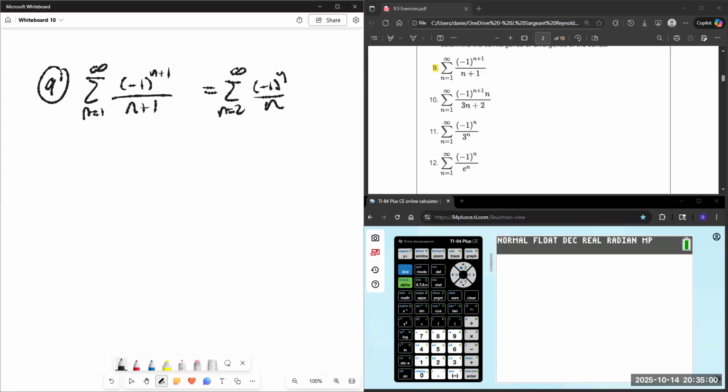That'd be a little easier to see what's going on here because you know 1 over n diverges, the divergent p series. Let's deal with this the way that it is though. 1 over n plus 1 is decreasing, the limit goes to 0 out here, and it's decreasing, so it converges.